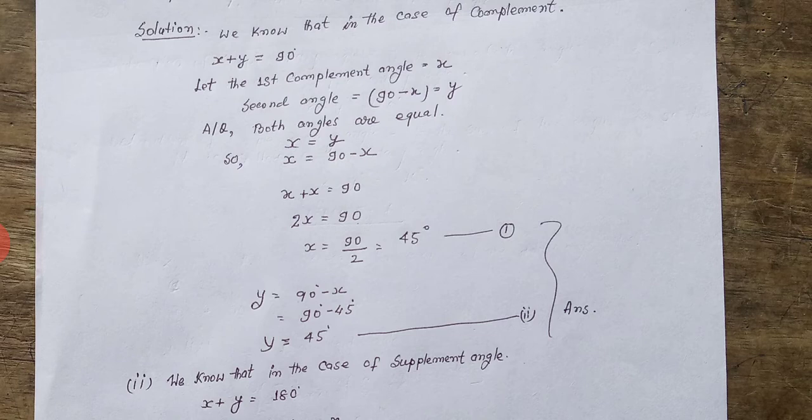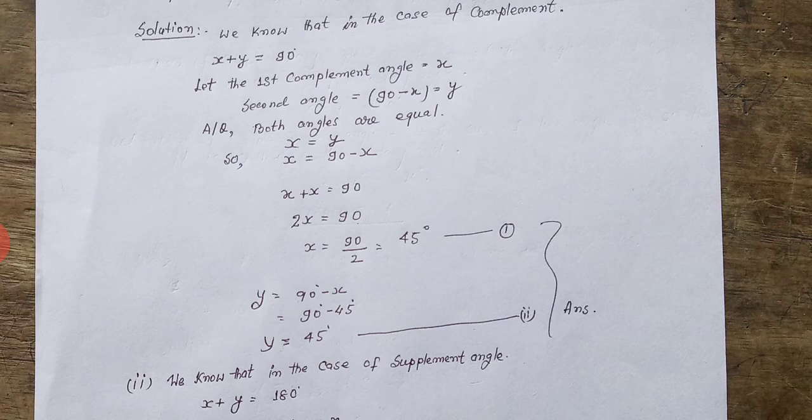Putting the value of x is equal to 45 degree, then you will get y is equal to 45 degree. This is the answer. Means 45 and 45 both are equal. This is the answer.